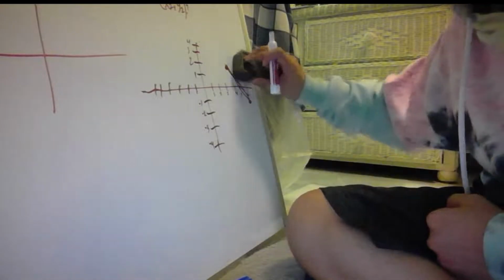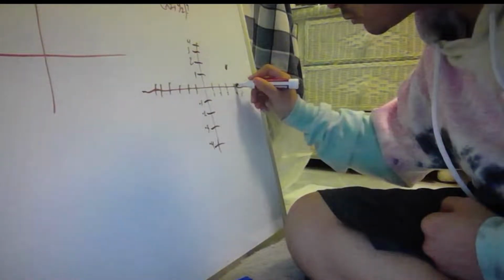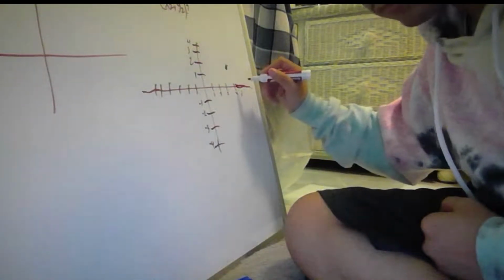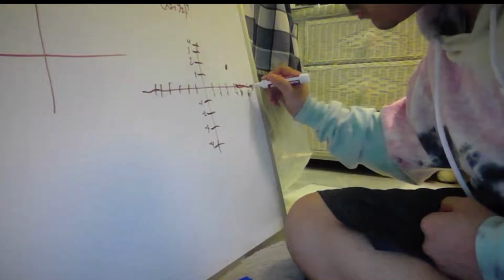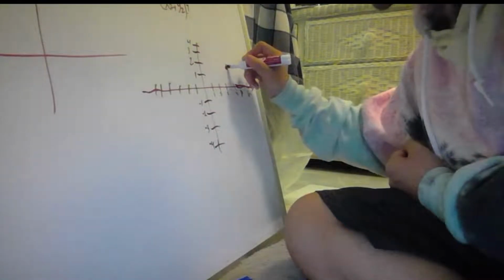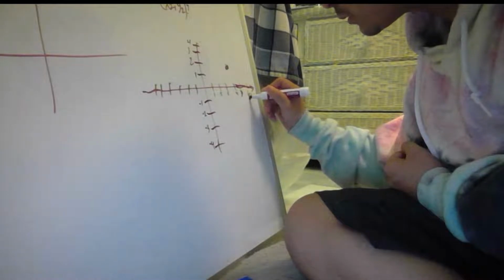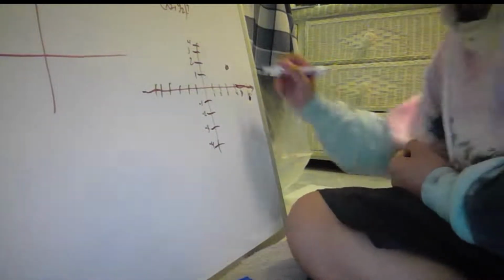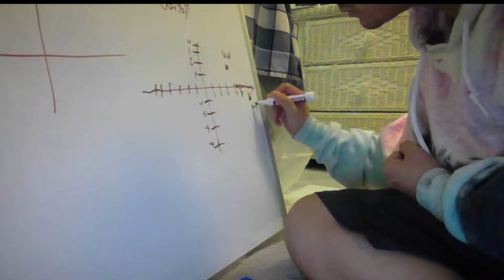Let me draw that a little bit better because it's kind of crappy. Hold on. So 4, 2, right? This is 4, 2, and 6, -1 is like right here, right? Okay.